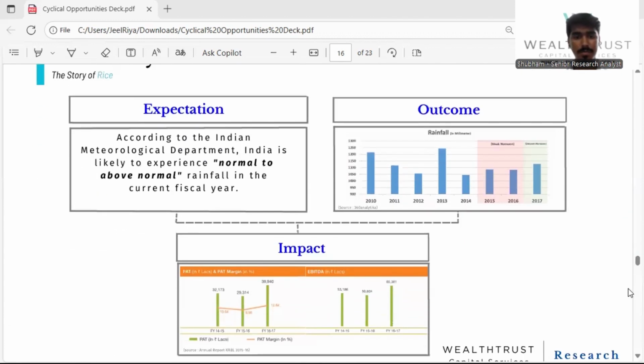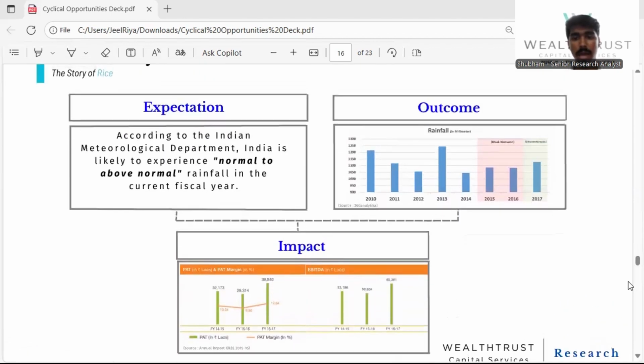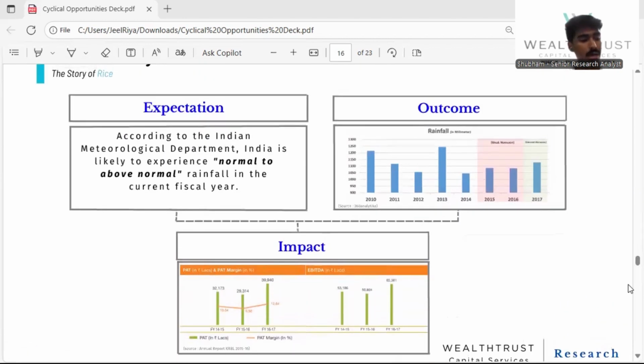Next slide, Ajay. Yes, as you can see, slowly and steadily the rainfall normalized in the coming years, as the meteorological department predicted. KRBL started increasing their revenue, the PAT margin increased, and that was the reason valuation re-rating slowly started, and the share price jumped by 70%.